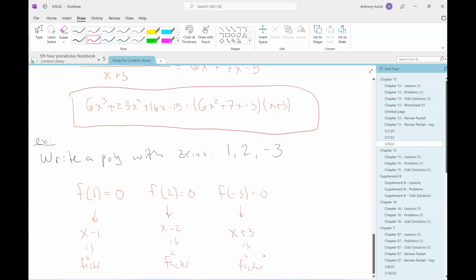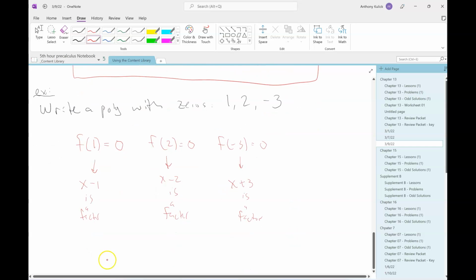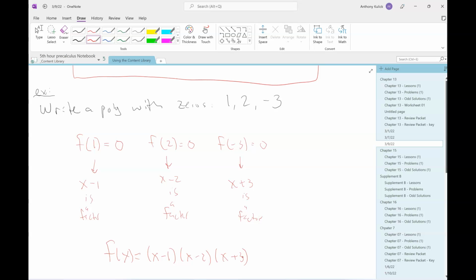Everybody's okay with that? So my polynomial that has these zeros would just be the product of those. Everybody's okay with that? And then you just FOIL that out. I don't need to do foiling, do I? We remember how to do FOIL?